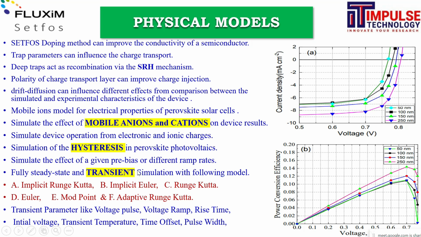for steady-state calculations and transient simulations with transient models like implicit Runge-Kutta, implicit Euler, Runge-Kutta, Euler, and adaptive Runge-Kutta, and transient parameters where you can set the voltage pulse, voltage ramp, temperature, time, transient temperature, offset parameter, pulse width, whatever parameters are required for transient, in the user interface inside the drift-diffusion model. Accordingly, the software will calculate the charge density under different variations in terms of thickness, temperatures, biasing, or nk data, or whatever parameter you want to sweep.